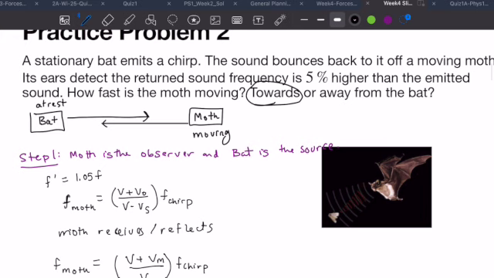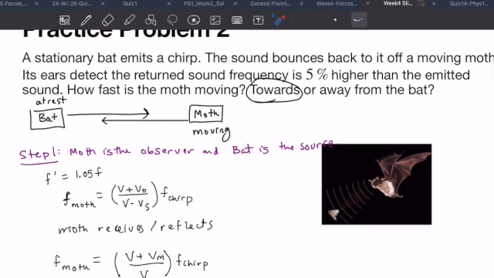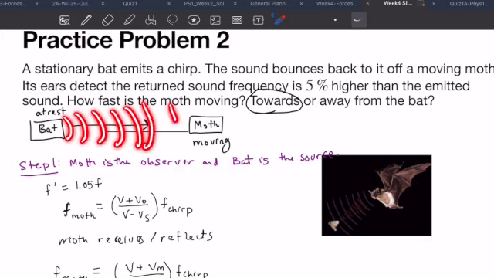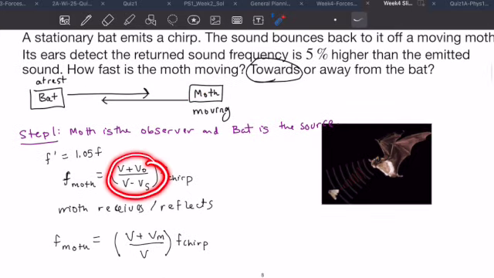Then we break the problem into 2 steps. The first step is the moth is the observer and the bat is the source, because the bat outputs some sound wave and the moth is the observer. So what frequency is the moth seeing? Since the moth is moving towards the bat, in this equation we have the velocity of the observer and the velocity of the source.